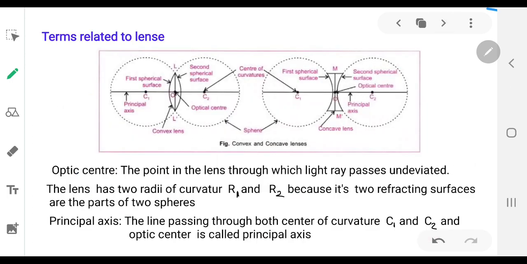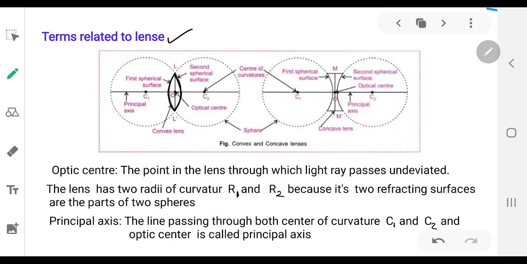So you can refer to the diagram. Here in the first one we have taken the convex lens. We'll see some terms related to the lens. So in the first diagram we have taken the convex lens.